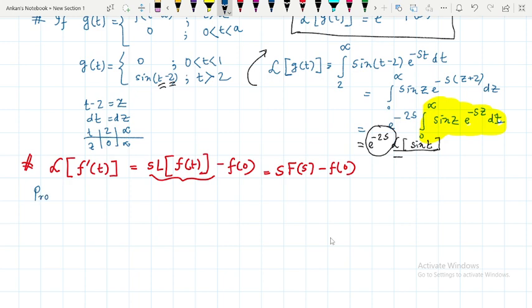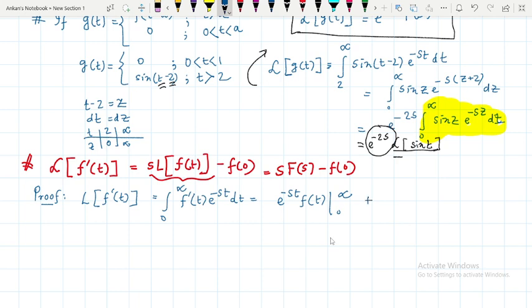Proof. Laplace transform of f prime t is the integral from 0 to infinity of f prime t e to the power minus st dt. Integrate by parts: first function times integration of the second, minus the integral of the derivative of the first function times integration of the second, from 0 to infinity.